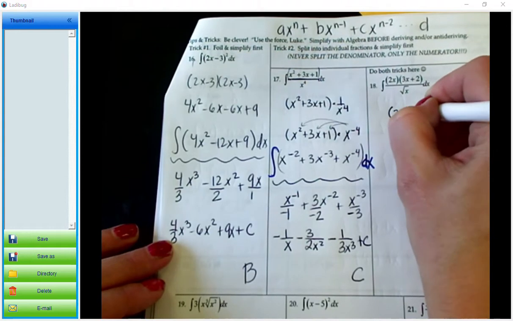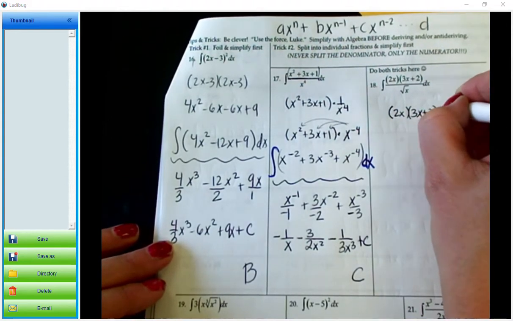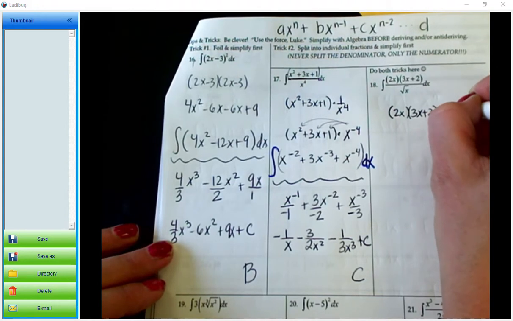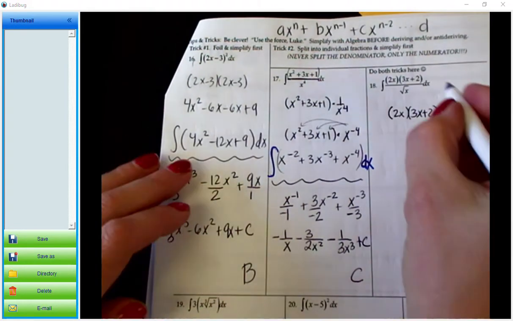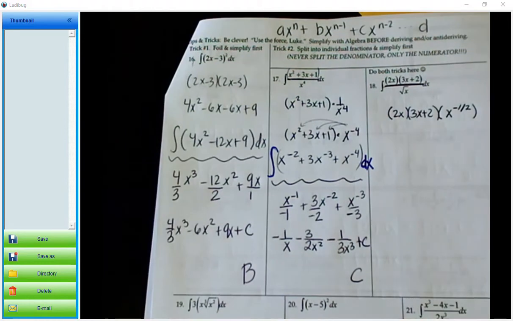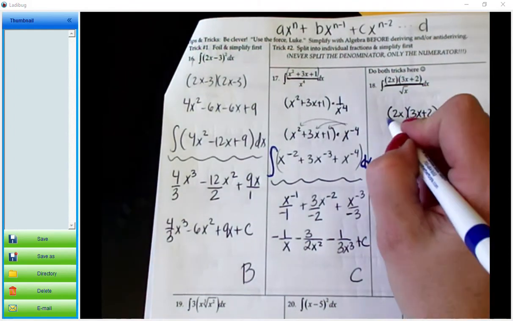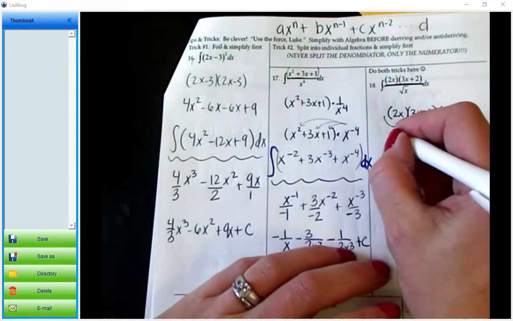2x, 3x plus 2, and I'm going to say x to the negative 1/2. The only reason you get to keep those grouping symbols, look at that divide bar. It's under both of those numerator pieces. That's why they're all still connected. When I have three things together, just pick two at a time and do them.